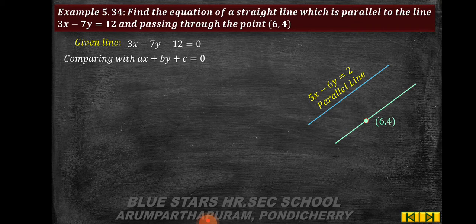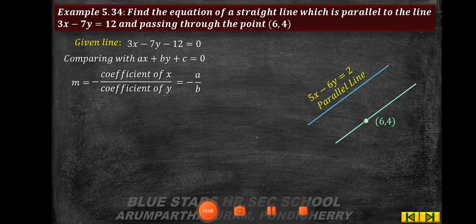So comparing the given equation with the general form of equation ax plus by plus c is equal to 0, m is equal to minus coefficient of x by coefficient of y, which is equal to minus a by b. So the coefficient of x is 3 and the coefficient of y is minus 7, which is equal to minus 3 by minus 7.